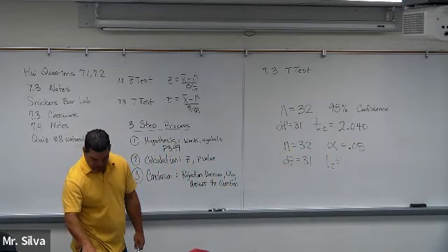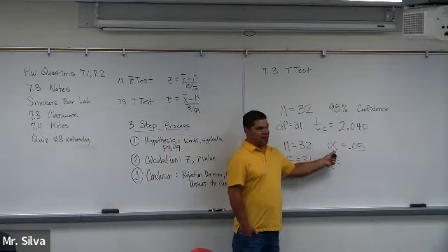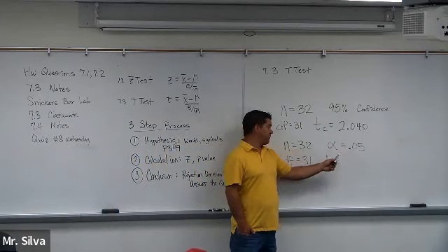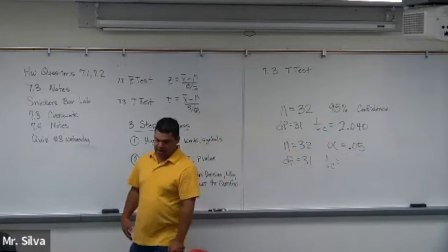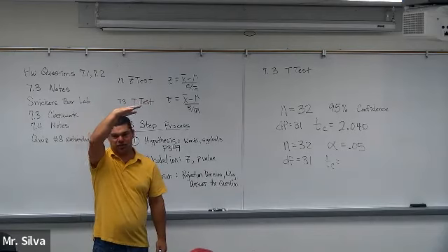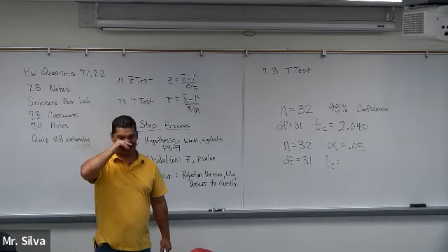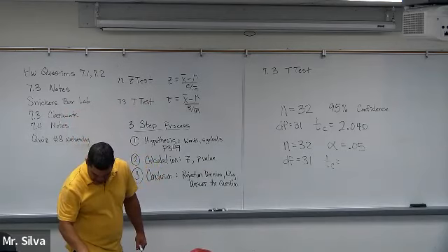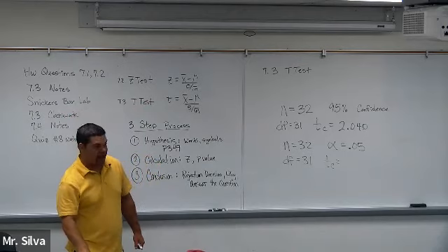2.04. Okay. When n is 32 and we have alpha significance level of 0.05 with 31 degrees of freedom, what is our T critical value? Okay, well, this is a little bit different. At the very top is your level of confidence. We'll see the level of confidence directly connected to the alpha significance level. A 95% confidence level is equal to a 2-tail alpha.